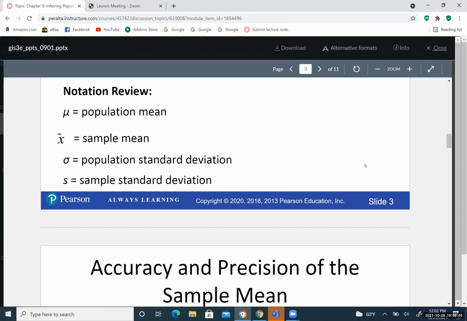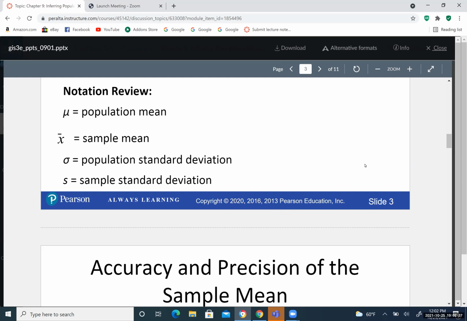This letter M is kind of the notation for mu. That's the population mean. Okay, we read it as mu. And below that is X bar. This is the notation for sample mean. So X bar will be the estimate for mu.